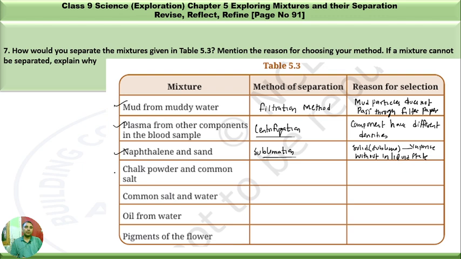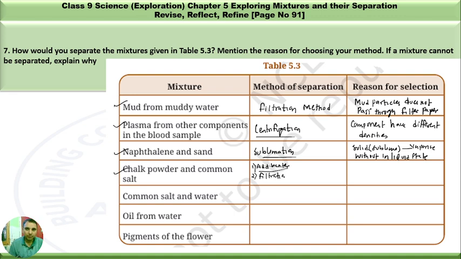Then next, the fourth one is chalk powder and common salt. Chalk powder and common salt will need different separation methods together. First is dissolution. First we need to add water. As I add water, we see that the common salt gets dissolved in it, while the chalk powder doesn't get dissolved. Then we need to go for filtration.